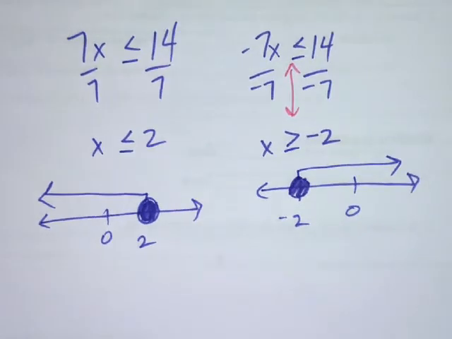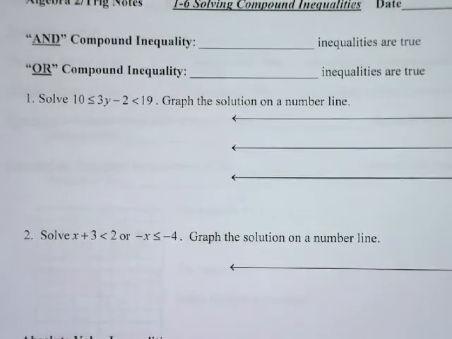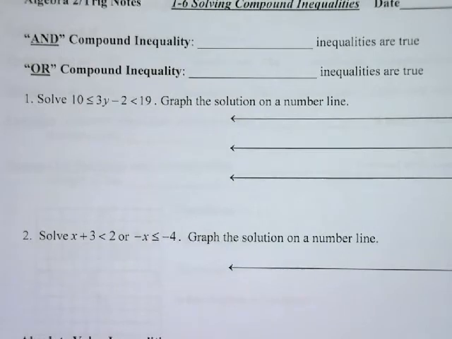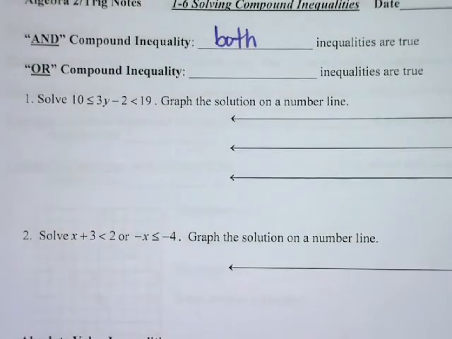Okay, perfect. All right, sometimes we get inequalities where more than one thing is happening. If you notice at the top of your page, we have and inequalities and we have or compound inequalities. In an and, both of them are true. In an or, one or more are true.